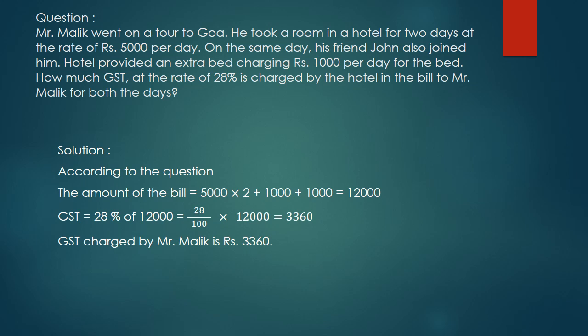So GST is equal to 28 divided by 100 multiplied by 12,000, which will be equal to 3,360 rupees. Then the GST charged to Mr. Malik will be equal to 3,360 rupees.